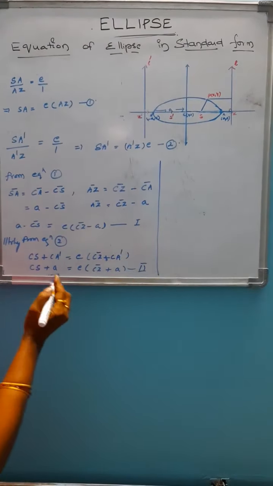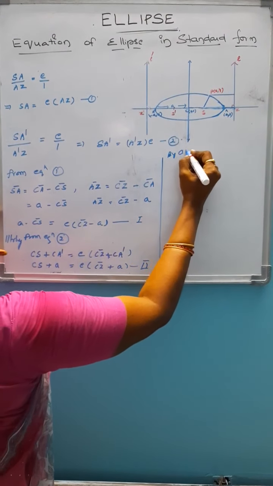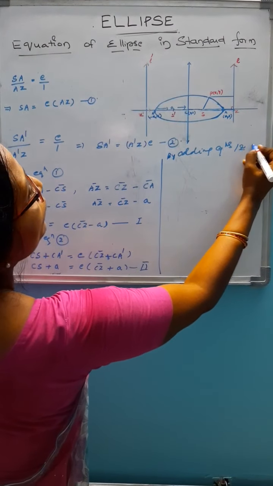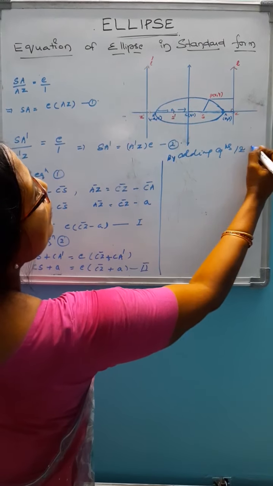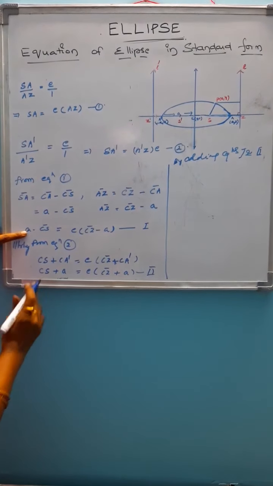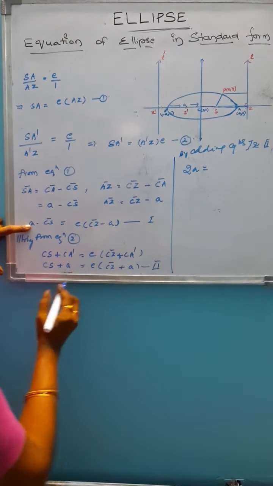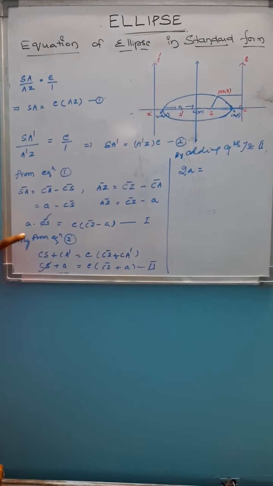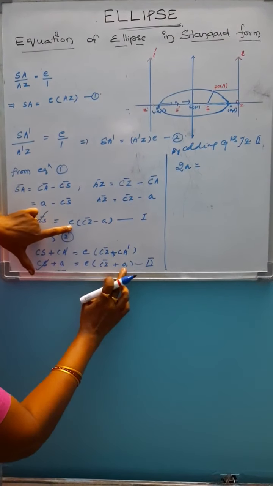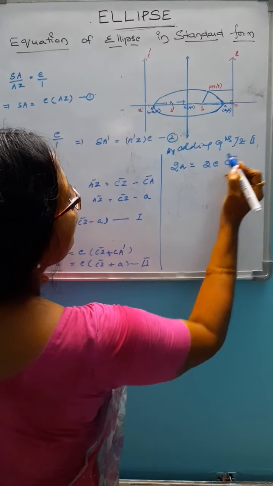From 1 and 2, by adding equations 1 and 2, CS is cancelled. So 2A is equal to E into 2CZ, plus A minus A cancel. 2E into CZ.